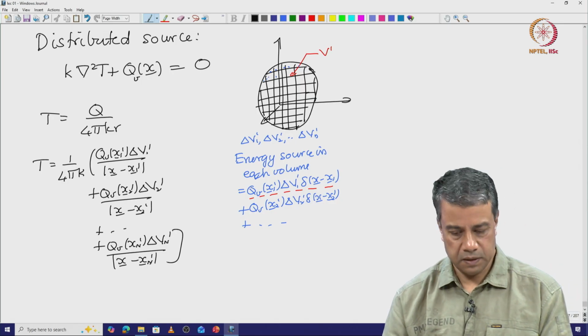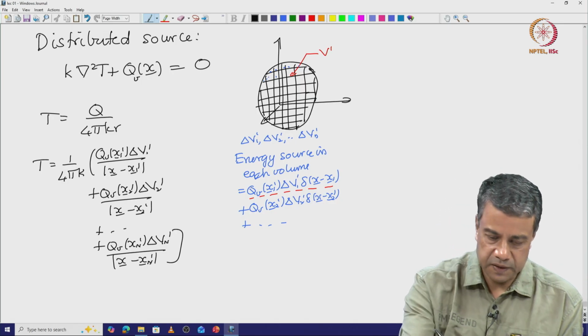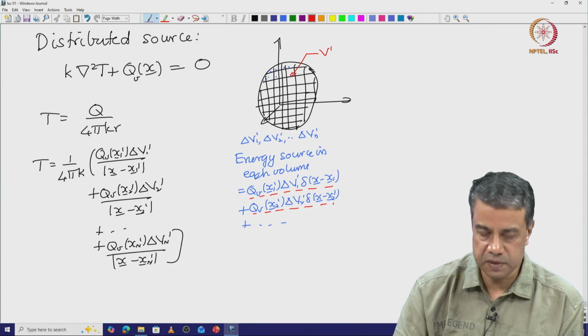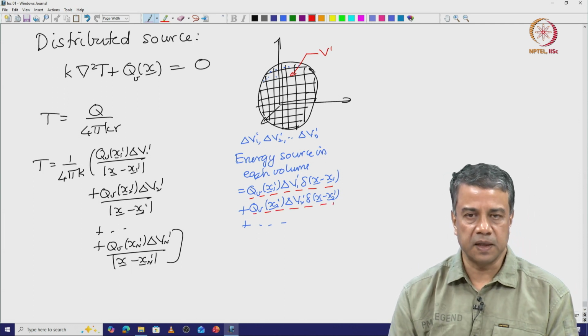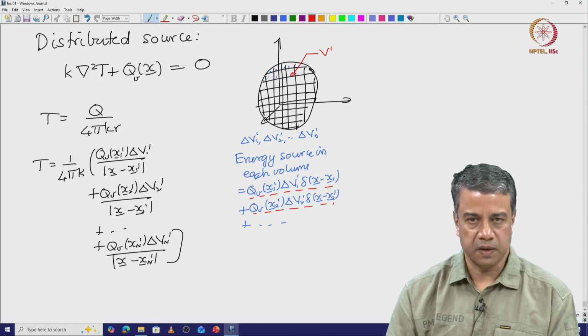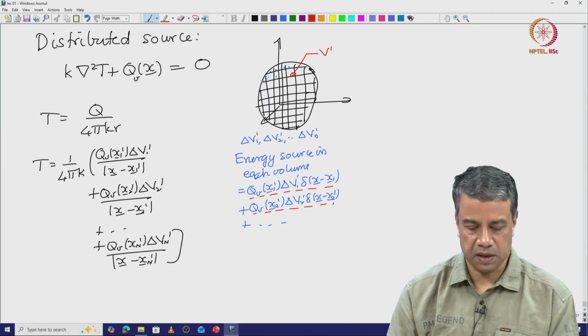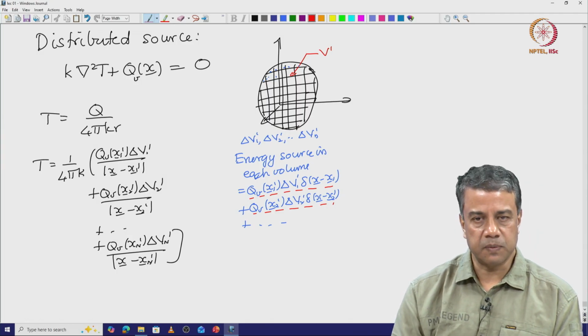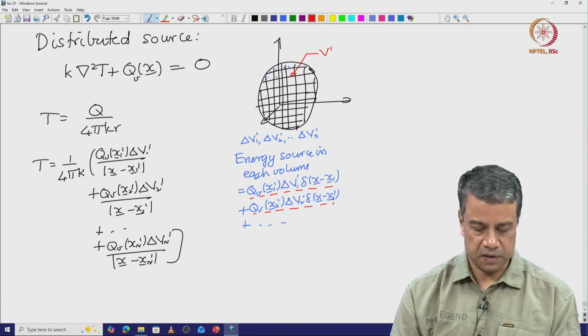That is for each of these individual delta functions assigned at the center of their respective volumes, of strength QV times the volume, because QV times the volume gives you the energy generated per unit time. I found the temperature due to each of these delta functions and summed them all up.